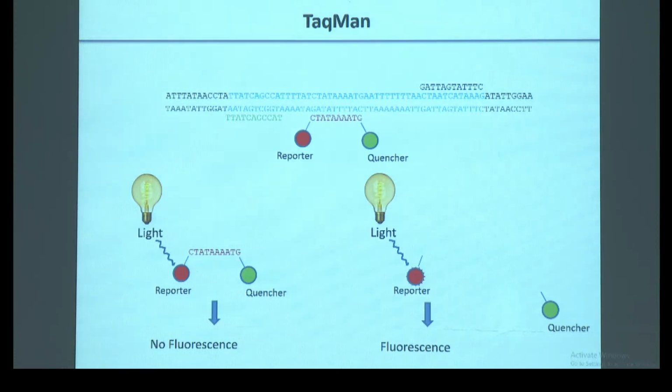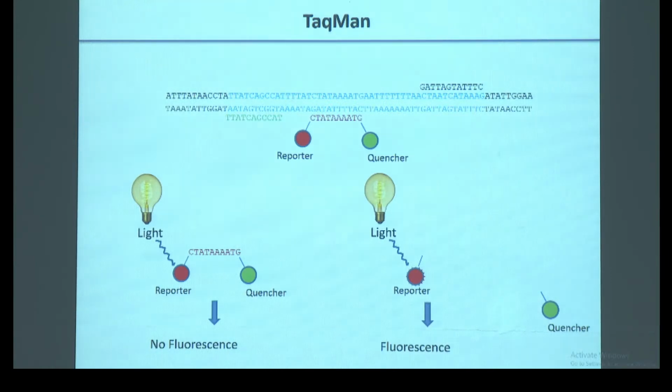So our Taq polymerase cannot synthesize by sitting on the 3' end of this probe. It cannot sit here and synthesize forward. If it synthesizes, then it won't give fluorescence. So one, it lacks a free hydroxyl group, so it cannot be extended by Taq polymerase.